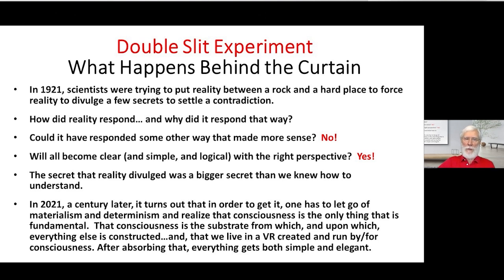So eventually, in the early 1920s, some bright scientists figured out how to do that experiment. And that was called the double slit experiment. And what happened was that if nobody knew which slit the individual photons went through, then those photons, after going through one or the other slit, would distribute themselves on the screen in an interference pattern.